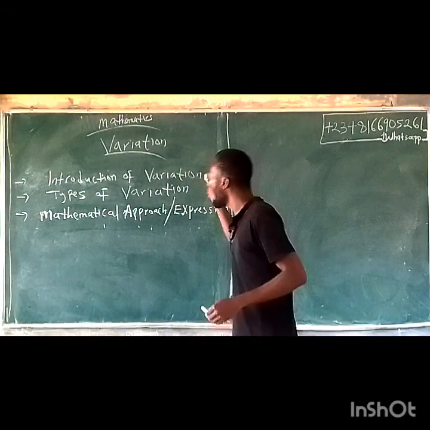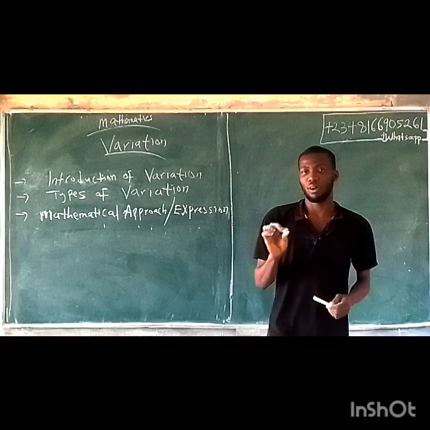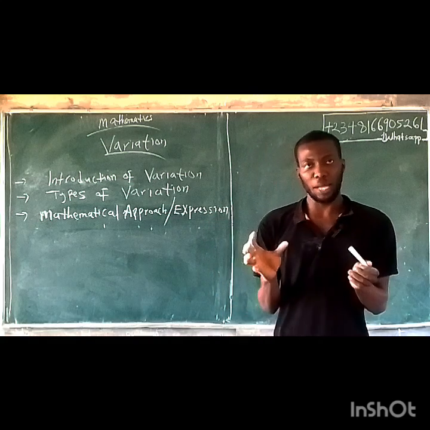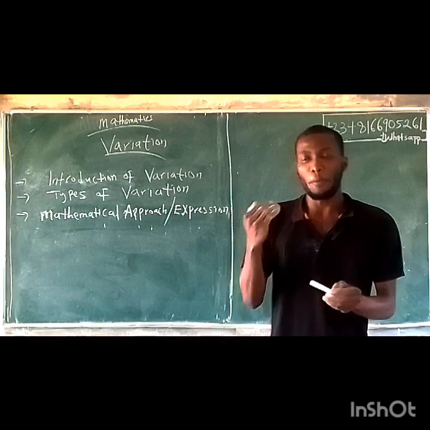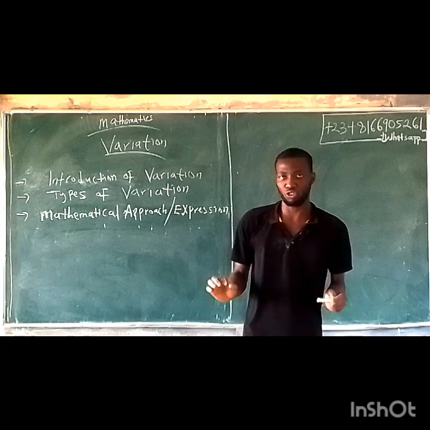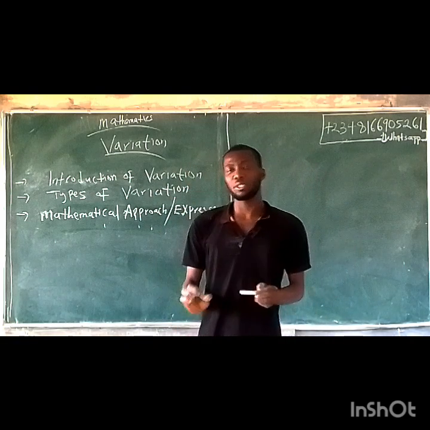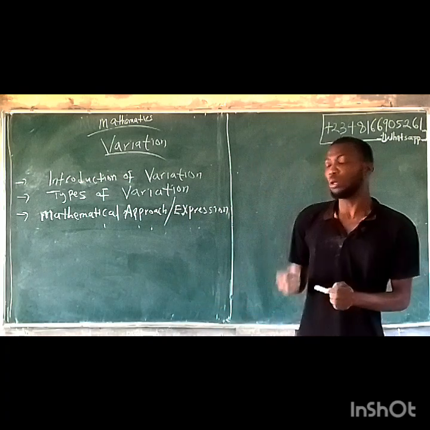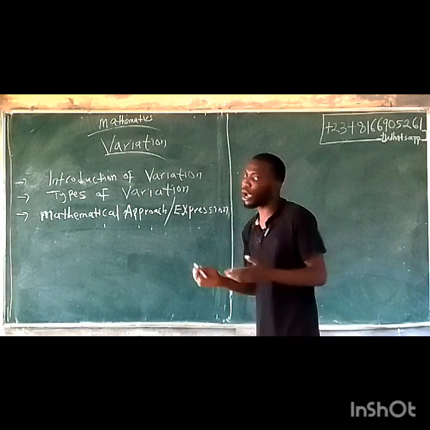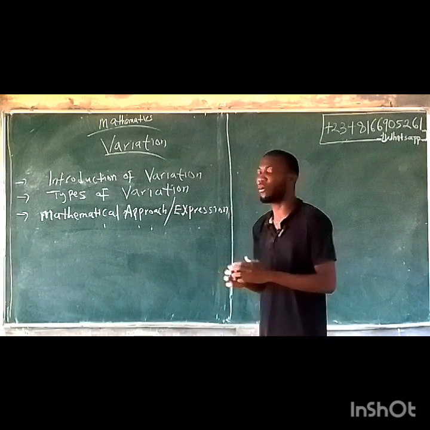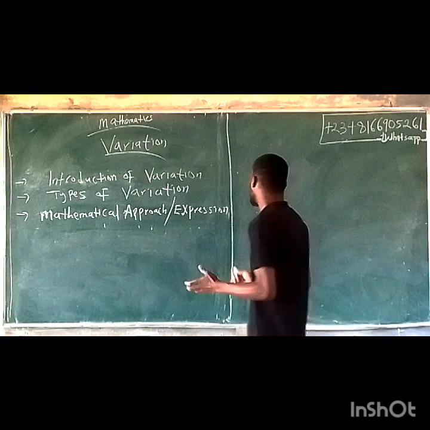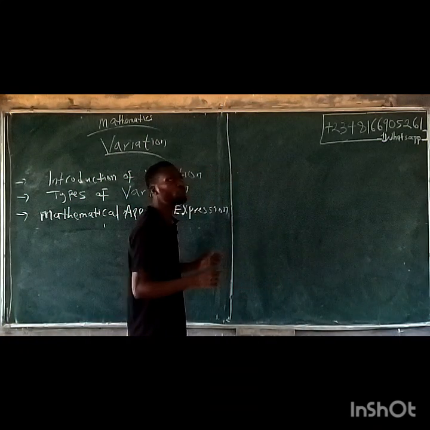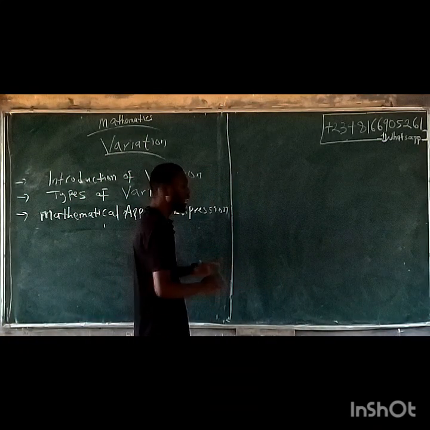Now, what do we understand by variation? Variation is a concept that shows the relationship between two or more variables. When we talk about variables, they can be in the form of real numbers, letters or alphabets, or integers.